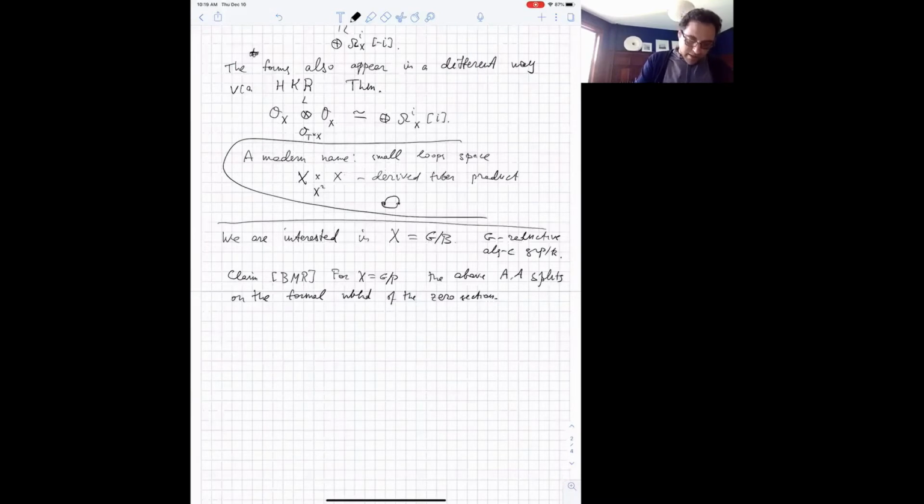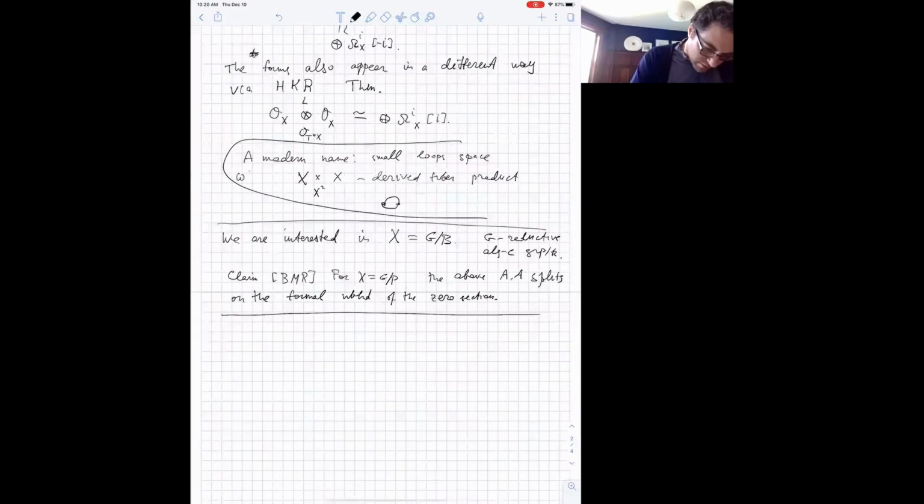Okay, and then, maybe I will fix a notation.